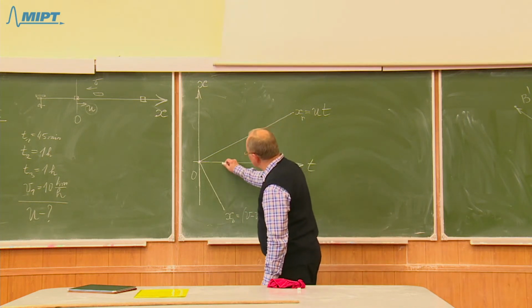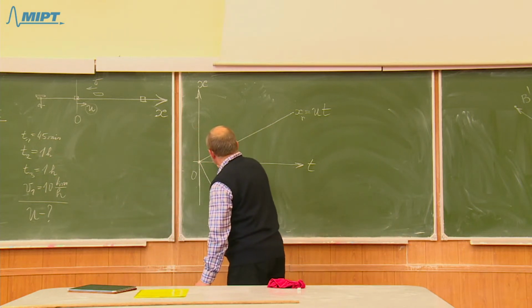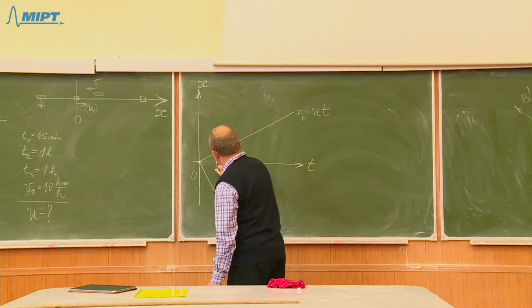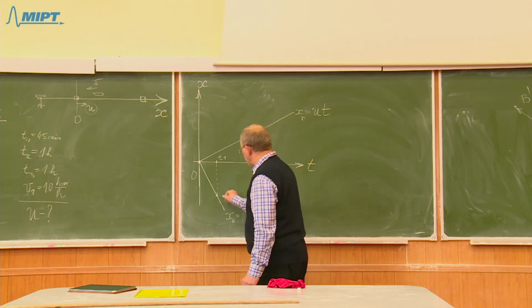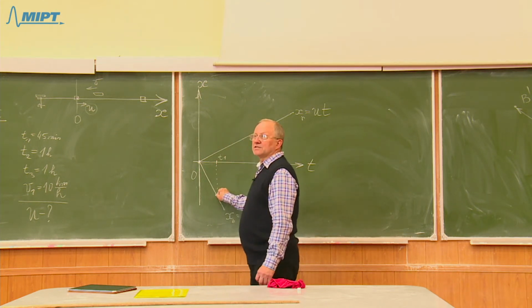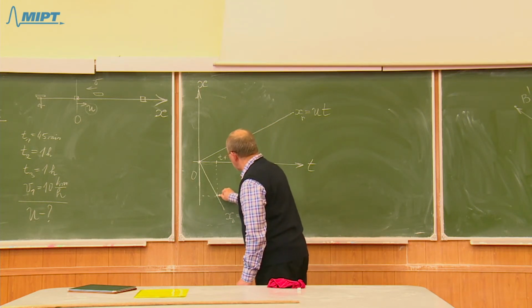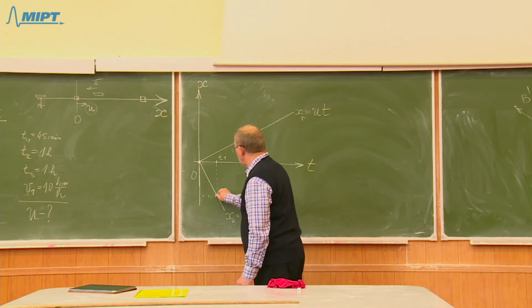Then, at some particular time, in 45 minutes, indicated here as time moment t1, the boat stopped. And so its coordinate remained constant. As time goes on, the boat coordinate remained constant.